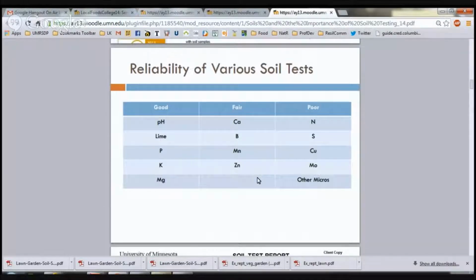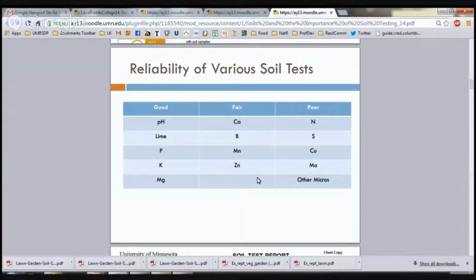One of the things that I always throw in here is the reliability of various soil tests. For my soil fertility class, they take soil samples, and then throughout the whole semester, they run tests each week, just like you would for a soil testing laboratory. For example, it takes us about 3 weeks to run cation exchange capacity, whereas when you send in your soil sample, it just takes them a couple of days.